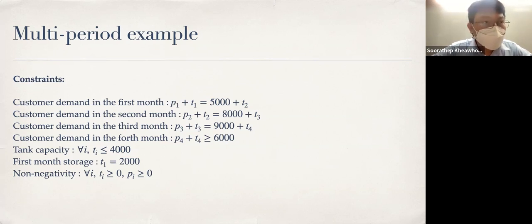And for the first month's storage, T1 is 2,000, because the company already has 2,000 at the beginning of the first month. The rest is non-negativity. You cannot purchase a negative amount of oil, and the amount of oil in the tank cannot be negative either. Ti must be greater than or equal to 0, and Pi must be greater than or equal to 0.